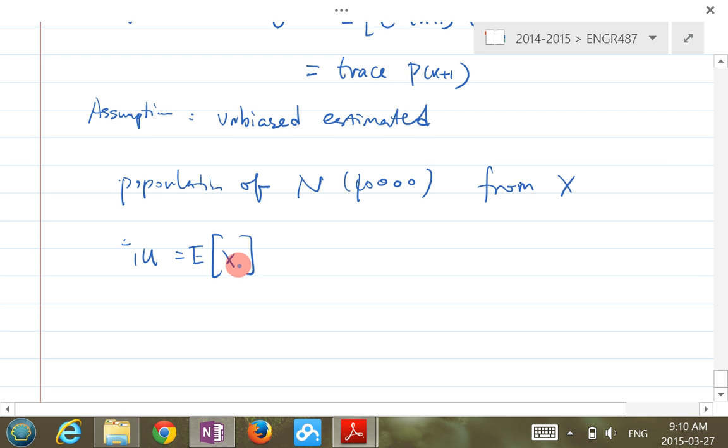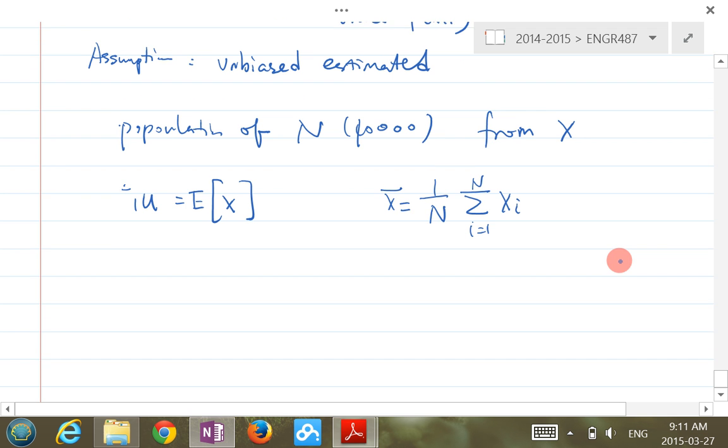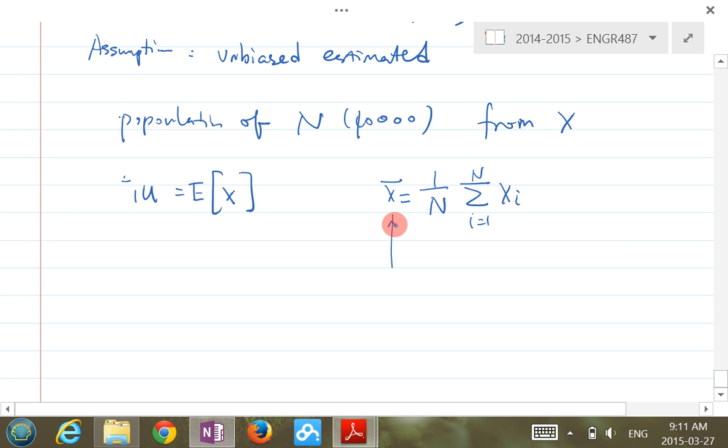What do you do? 1 over n times the sum, like this. So you get an x bar, the average. This x bar is your estimate of the mean value of this random variable x.